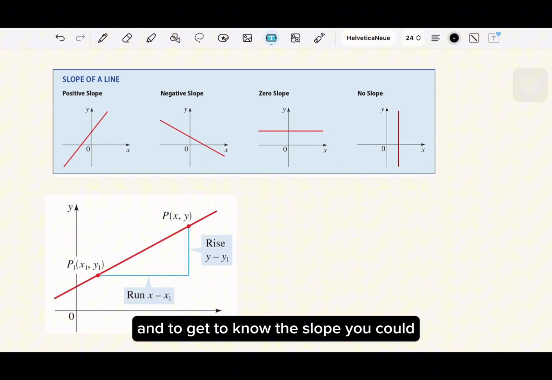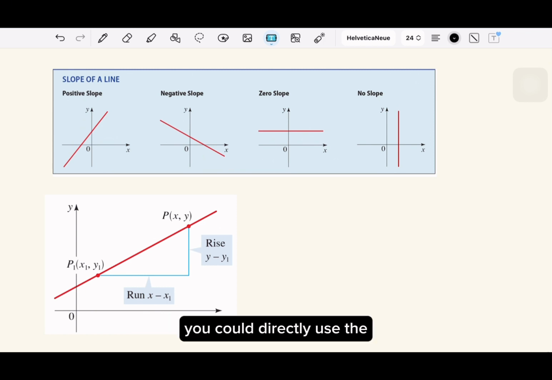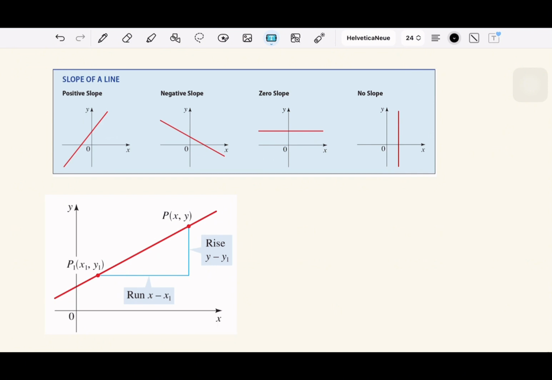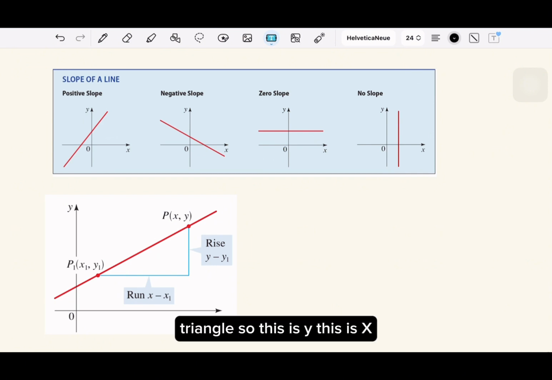And to get to know the slope, you could directly use, so imagine this is a triangle. So this is y, this is x. We could say the tangent of theta is y over x, which is similar to what we have here, rise over run.